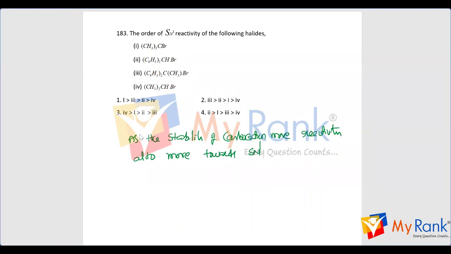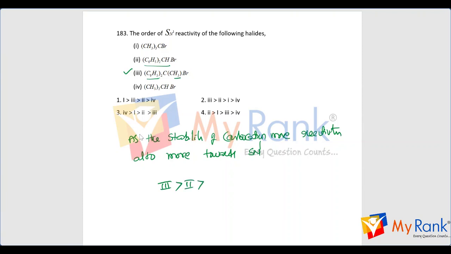Among these, the third one is the most stable carbocation, two phenyl groups are there, and a methyl group is there. The third one is most stable, therefore more reactive. Next, two phenyl groups are there on the second one, therefore the second is next.